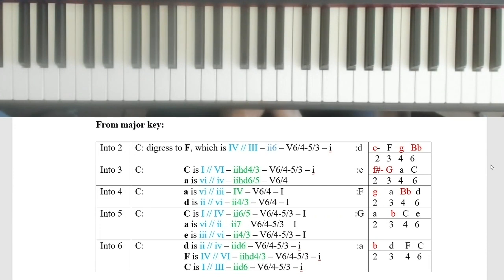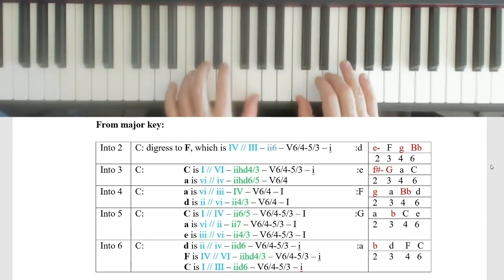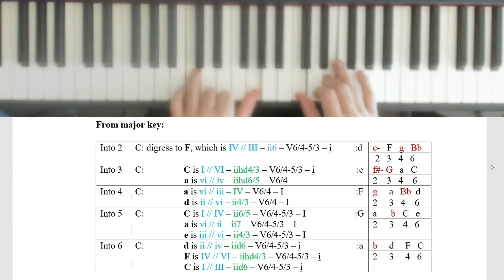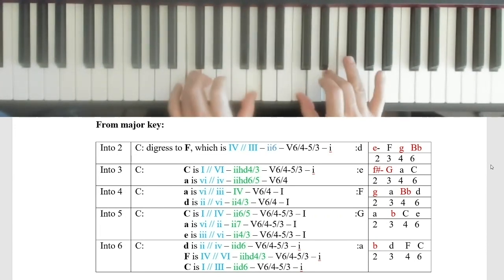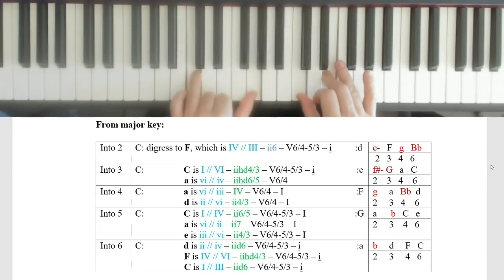So I'll provide both. Modulation through pivot chord, which is C major triad, and the pivot chord, which is A minor triad. So in both cases, well, pivot chord is C. So I don't have to go anywhere because it's just a tonic triad. But then I have to move this to cadential 6/4 chord in E minor. Look at this.